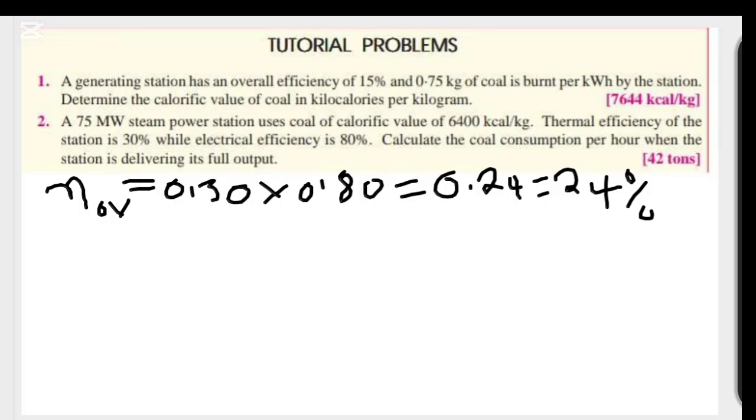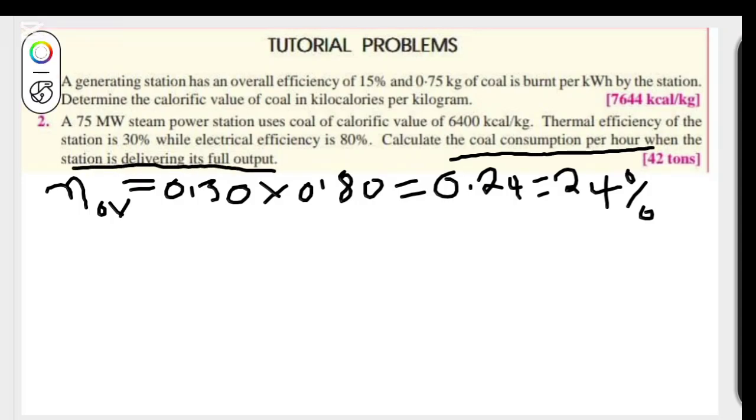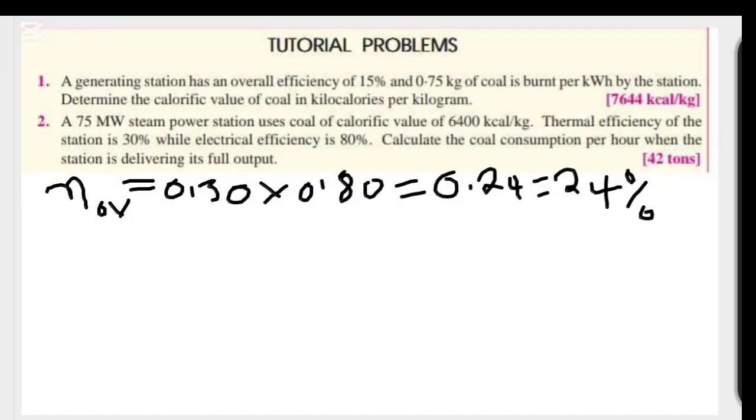I've already found the overall efficiency, so I am to calculate the coal consumption per hour when the station is delivering its full output.